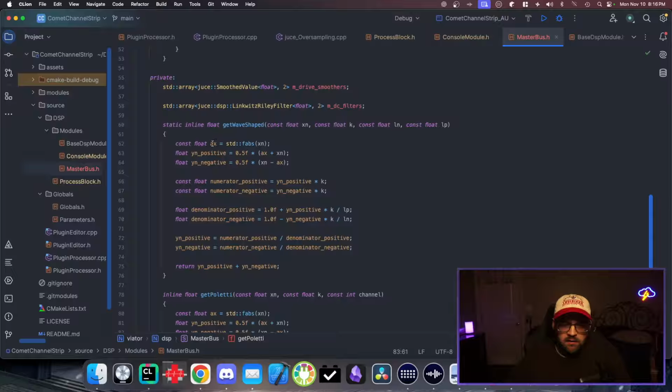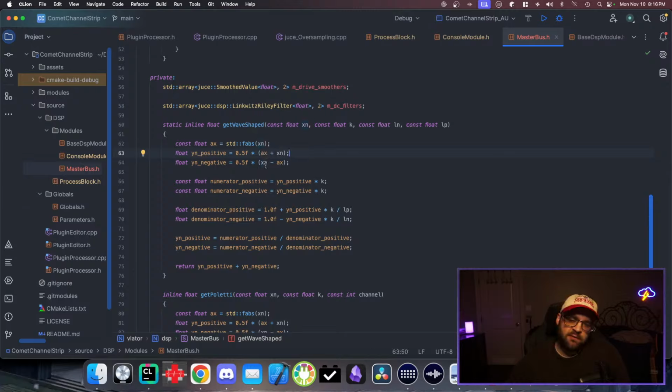So we have a positive version of the signal. We create 2 variables, yn positive and yn negative. So yn positive is going to be that always positive signal plus the input, and then times 5, because the input plus the absolute version of it is going to be basically 2 times as loud.